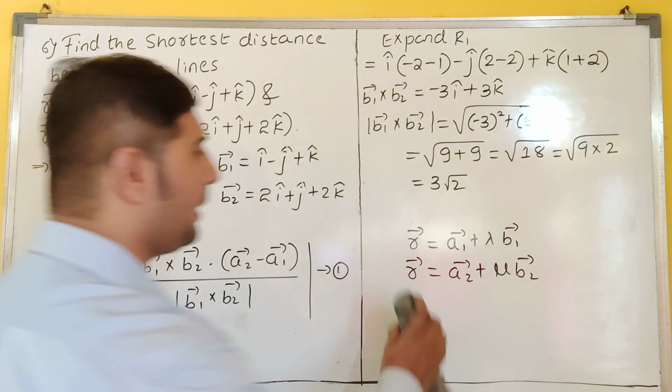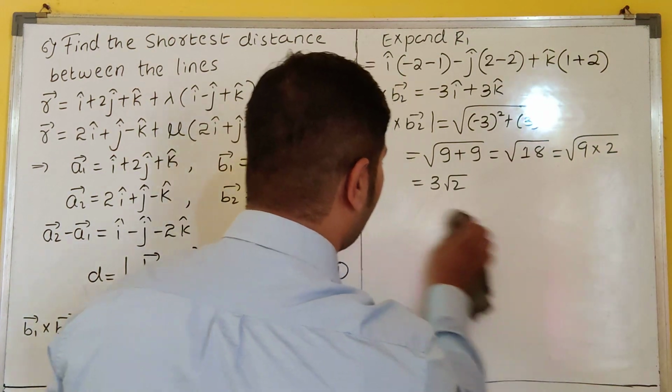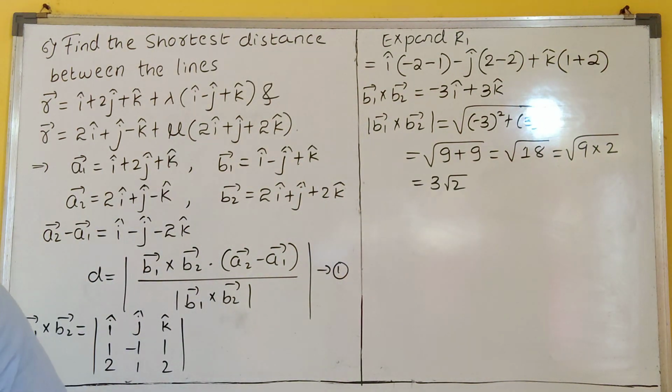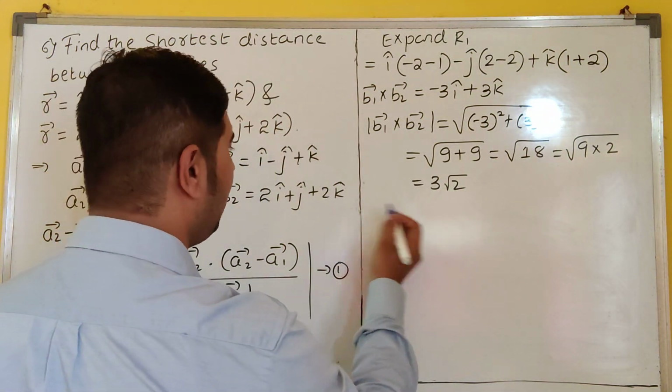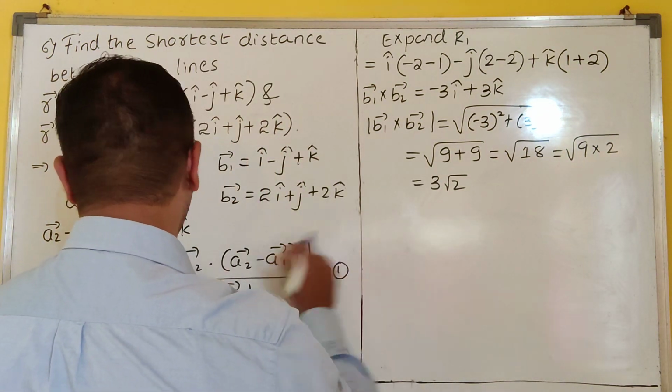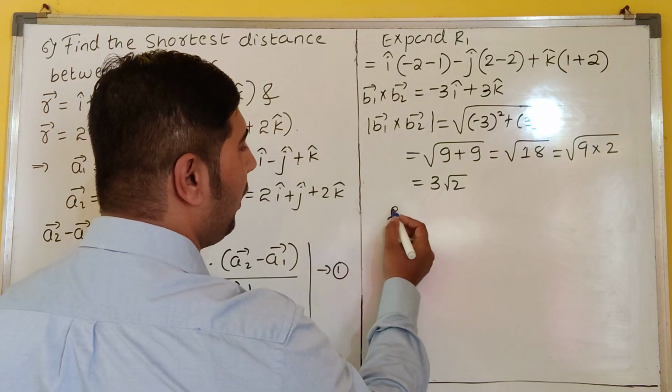So I can erase this one, dear students. Maybe you have copied it. Actually that was not required, I wrote it for your understanding. So we will substitute the values in equation 1.